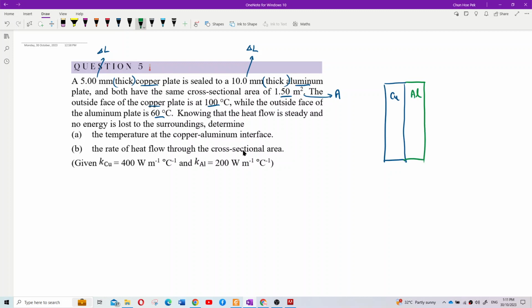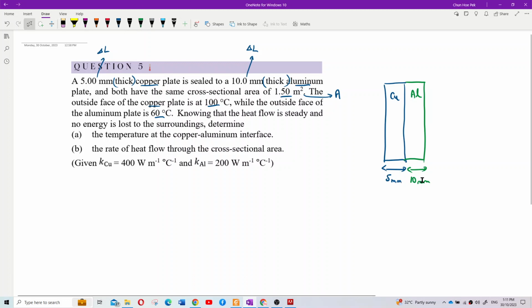The thickness is the delta L, which we can say is 5 mm. And for aluminium the thickness is 10 mm, the delta L.